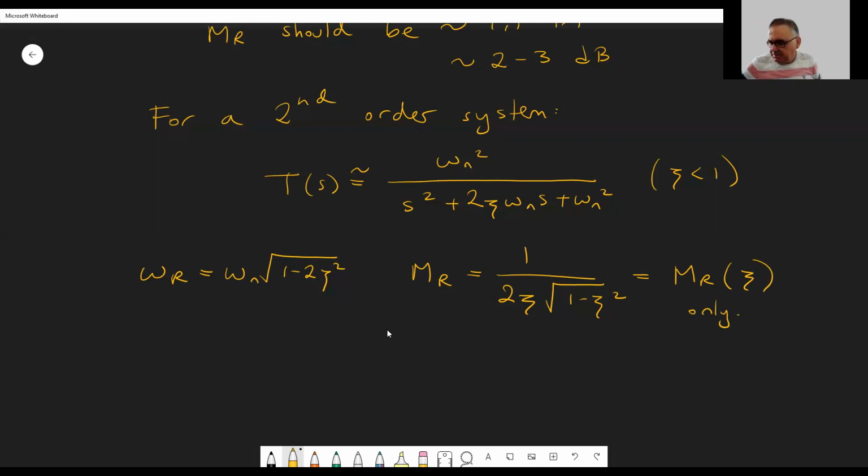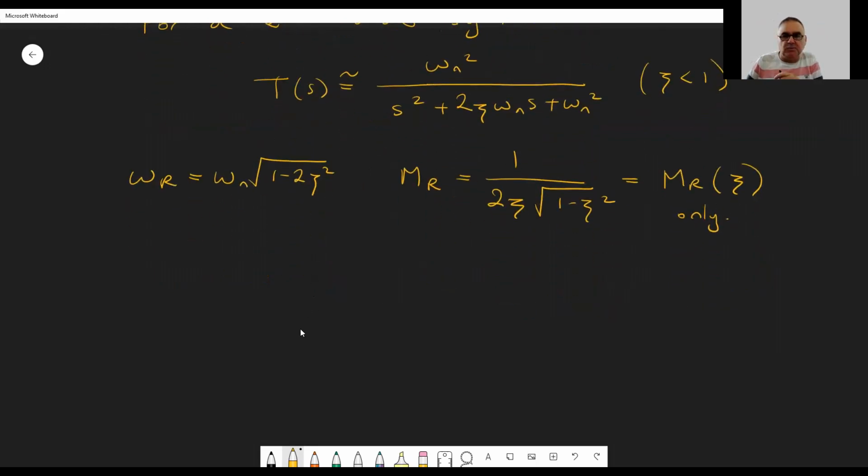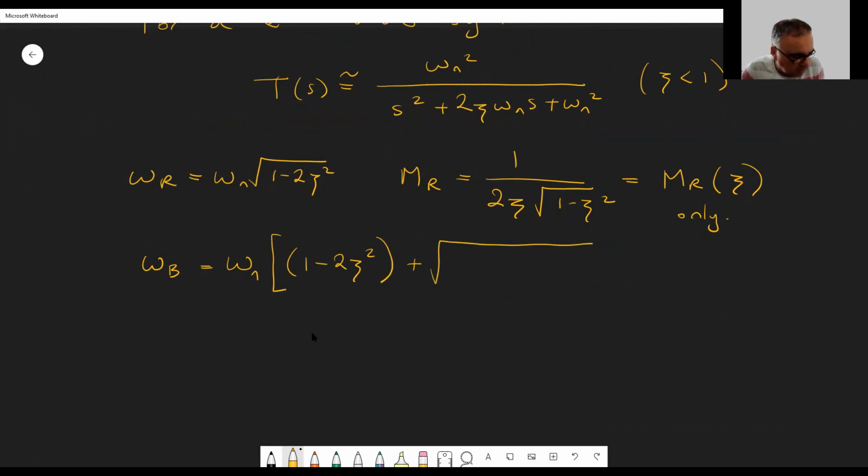Okay. And the bandwidth, we can find the omega b as follows for second order systems: omega n times (1 minus 2 zeta squared plus the square root of 2 minus 4 zeta squared plus 4 zeta to the fourth) to the power 1 over 2.